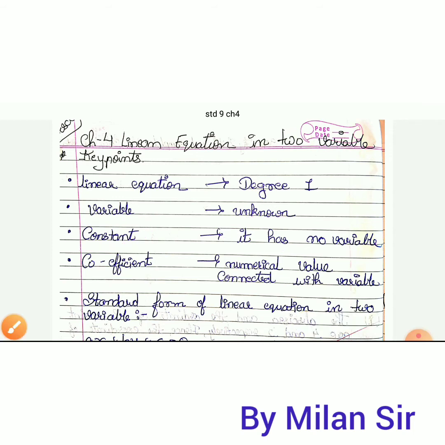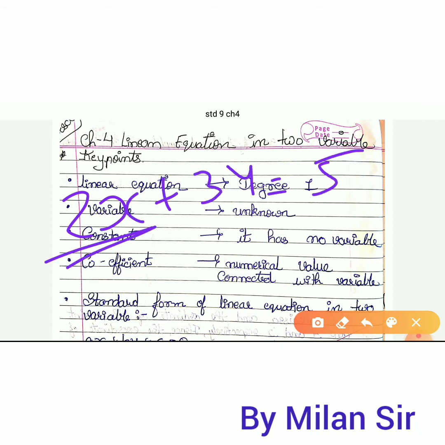Then coefficient. Coefficient means the numerical value connected with a variable. Take 2x plus 3y is equal to 5. In this case, in the first term 2x, 2 is called the coefficient of x.